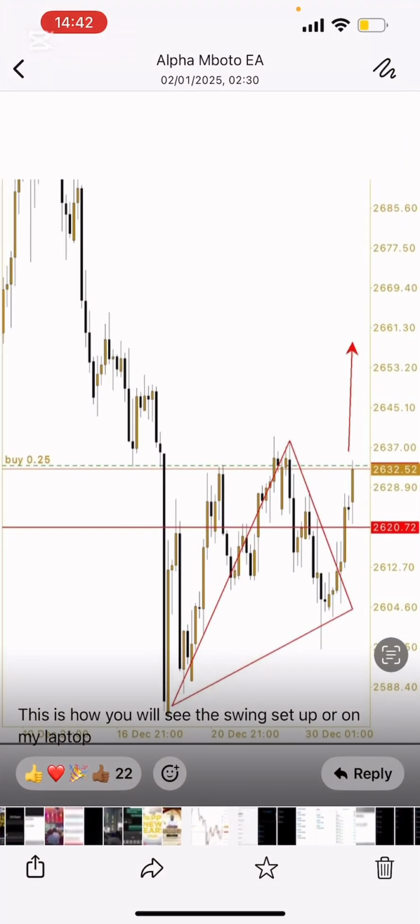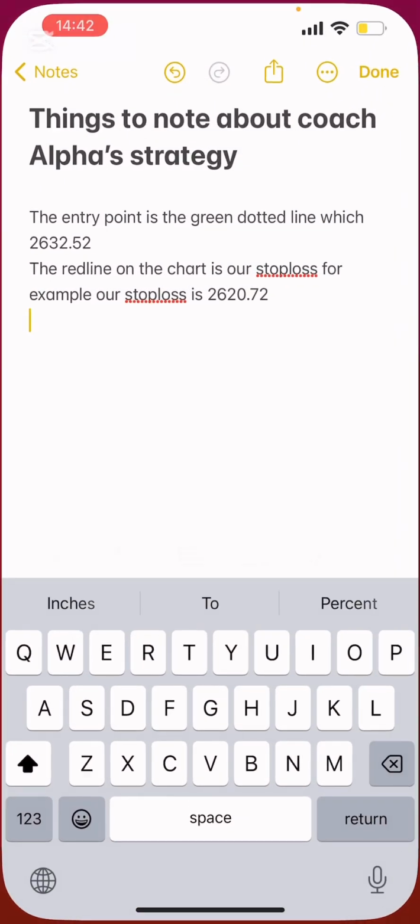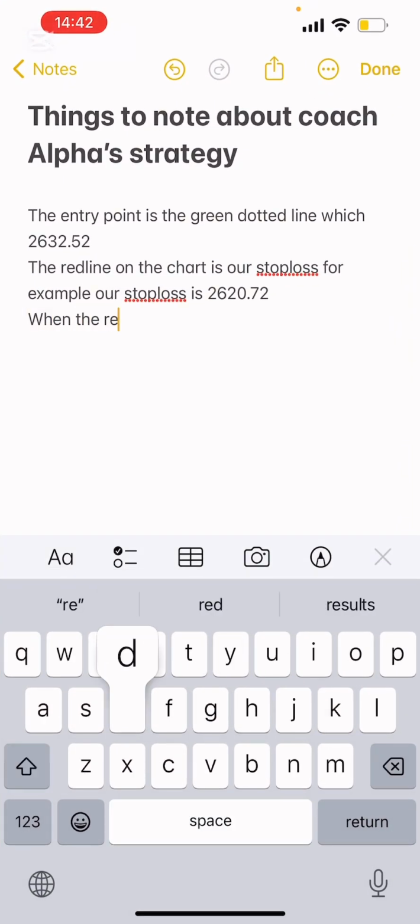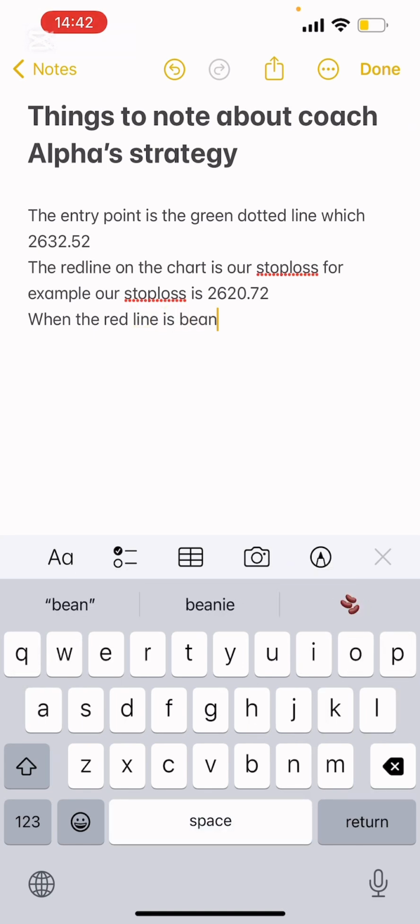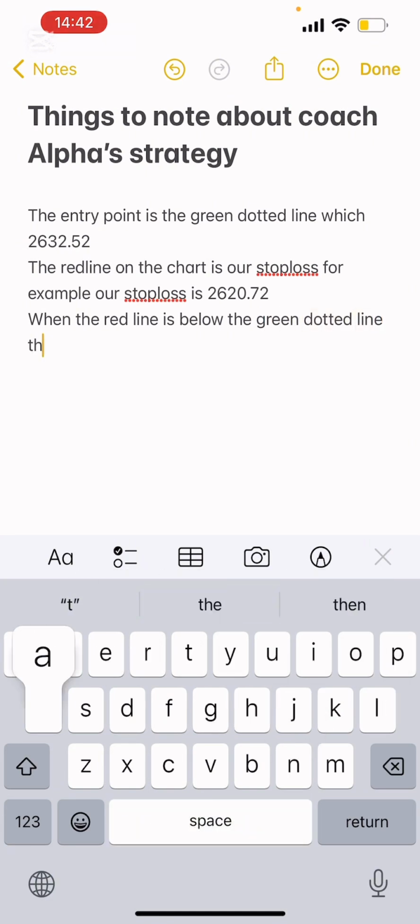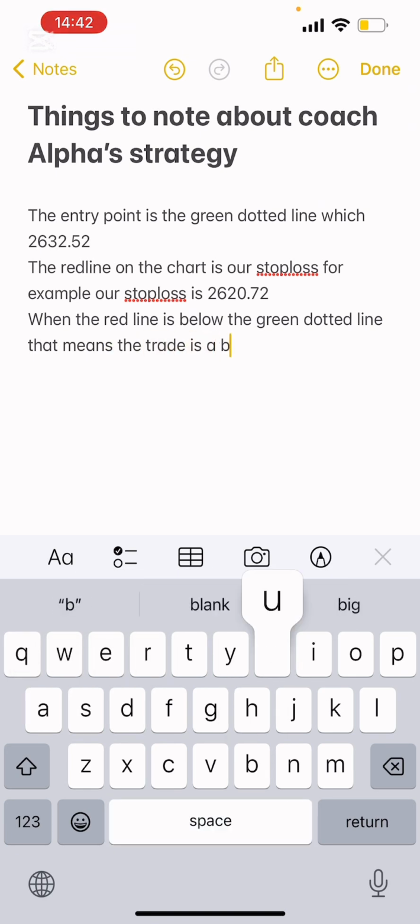What else should we note? Now, guys, take note: when the red line is below the green dotted line, that means the trade is a buy trade.